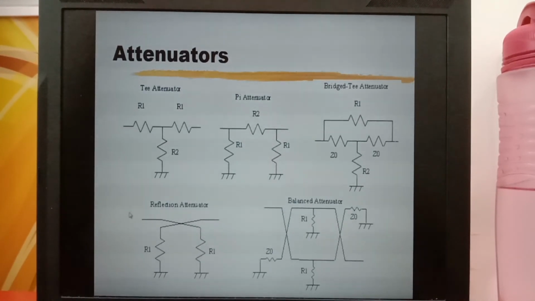When the signal is connected to the input, half of the signal is transmitted to port 2 and half of the signal is transmitted to port 3. The signal transmitted to port 3 is terminated by R1, which may not be match impedance.